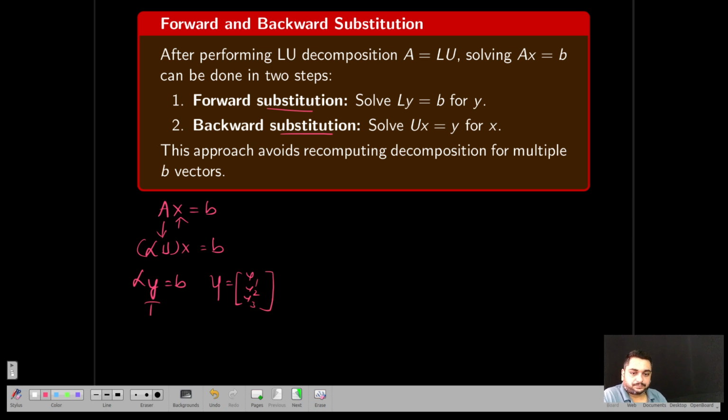This is called forward substitution. Then you solve Ux equal to y and get x1, x2, x3. This is called backward substitution.